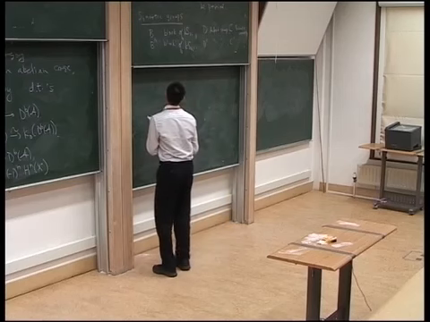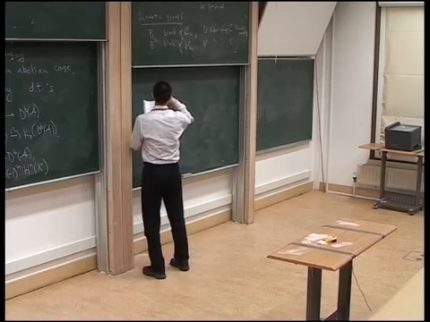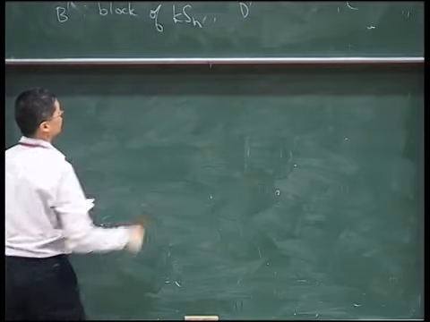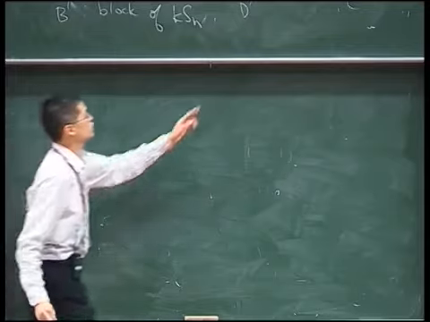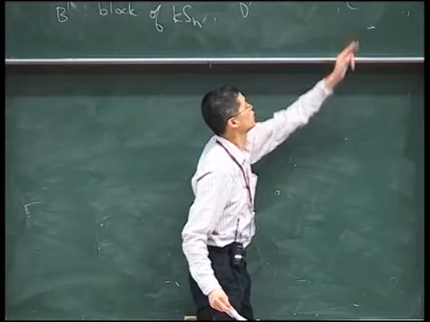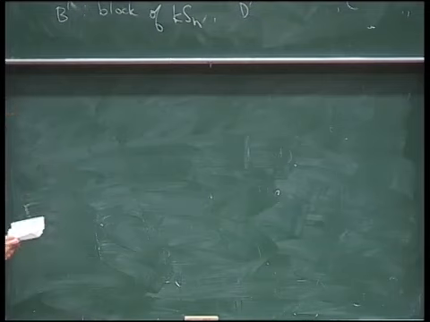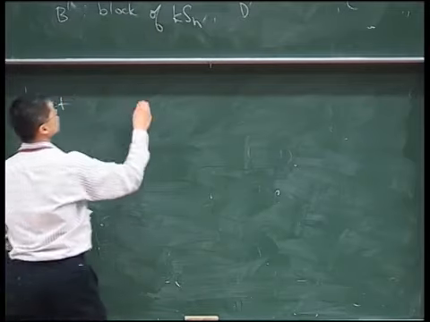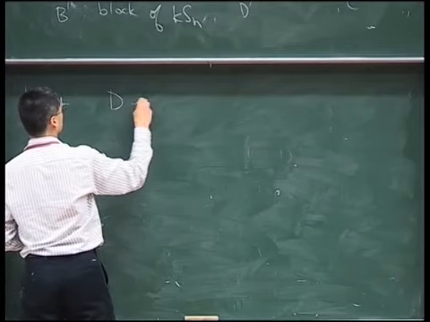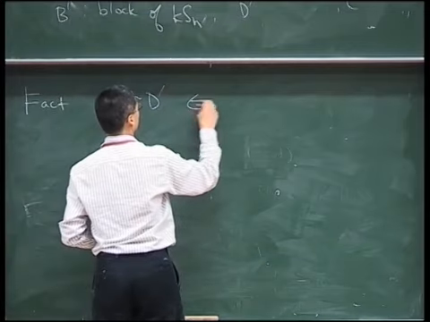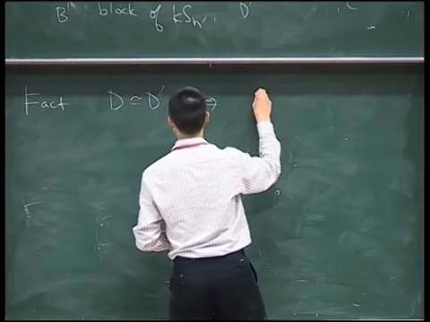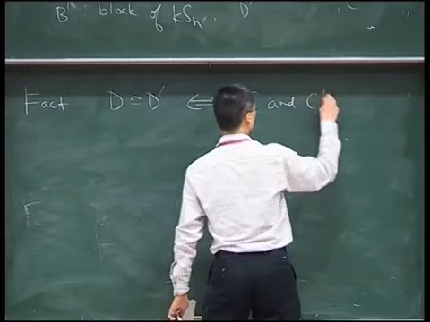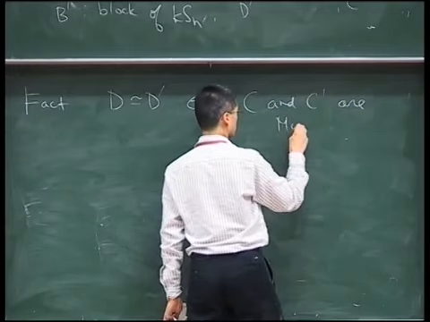Then it's true that just knowing the defect group allows you to figure out what the Brauer correspondent is up to Morita equivalence. So it's a fact that the defect groups are going to be isomorphic if and only if the Brauer correspondents are Morita equivalent.